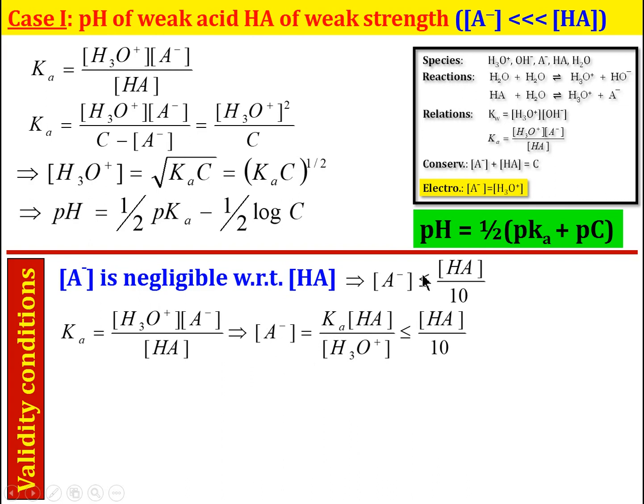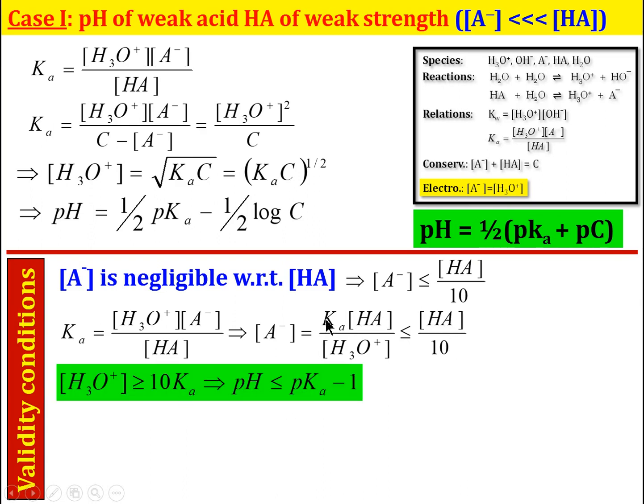And A minus is supposed less than the HA concentration divided by 10. So we obtain this expression: Ka times the concentration of HA divided by H3O plus is less than or equal to the concentration of HA divided by 10. We cancel HA, so Ka divided by the concentration of H3O plus is less than or equal to 1 over 10.